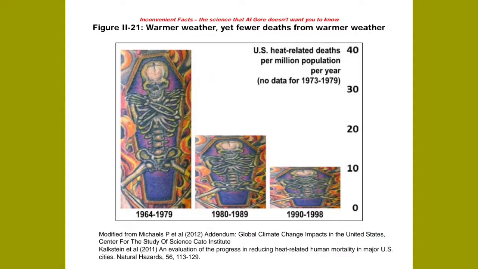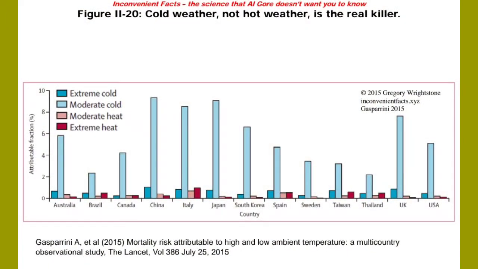Deaths, of course, fewer deaths from warmer weather in the US. And here's the rub. Cold weather is, of course, killing a lot more people than hot weather, and it's the moderately cool weather as well that kills. It's not necessarily the extremes. And you'll see this light blue bar here pushing just up there.